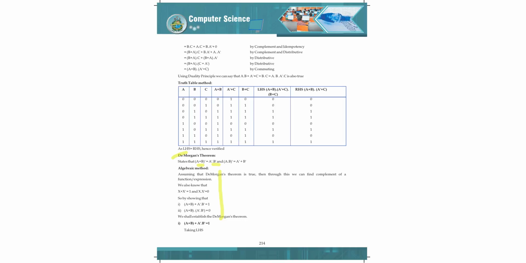For algebraic we know that x plus x bar is equal to 1 and x dot x bar is equal to 0. We already saw this in the theorems. So we can say that a plus b plus a bar dot b bar is equal to 1, and a plus b dot a bar dot b bar is equal to 0.